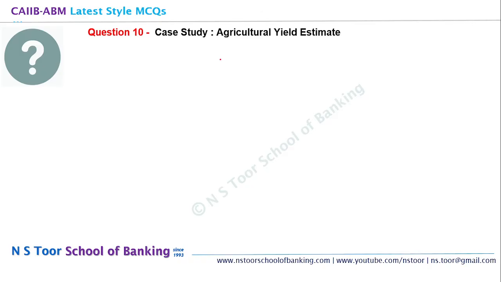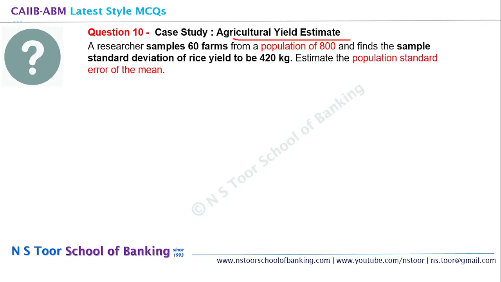Now let us go for the next question, that is agricultural yield estimate. A researcher samples 60 farms, that is small n is 60 farms, from a population of 800.